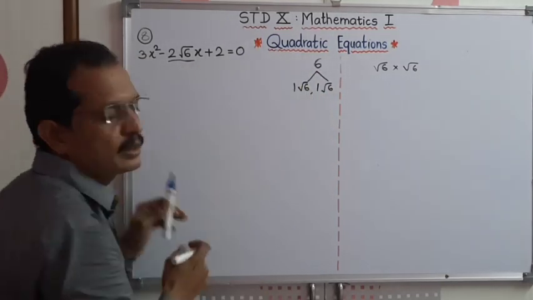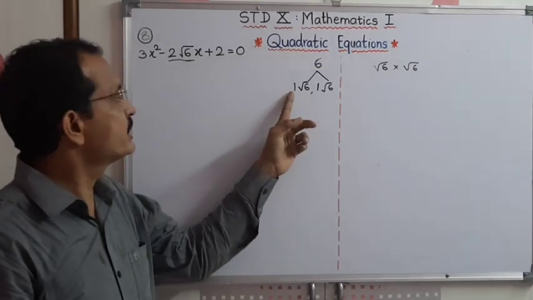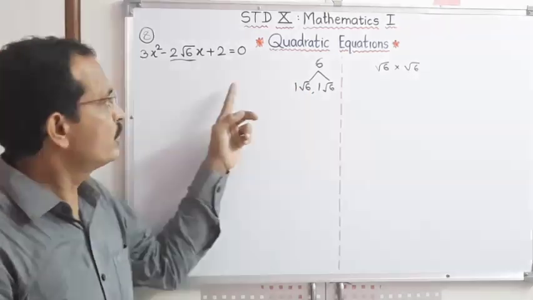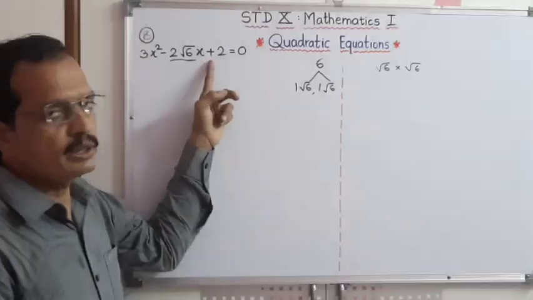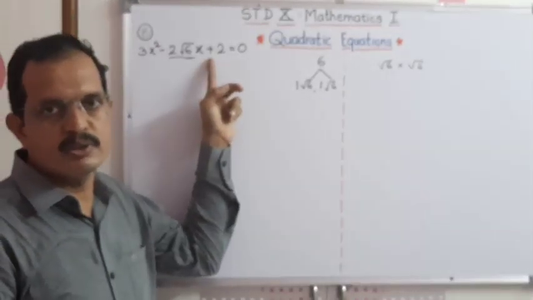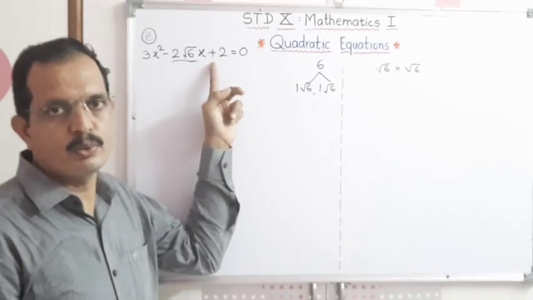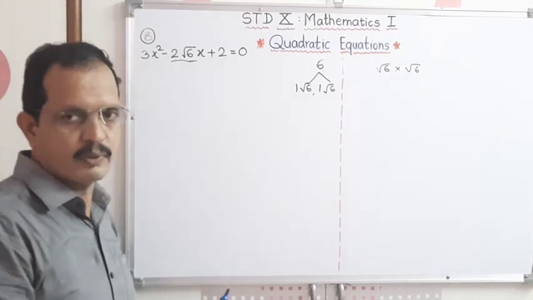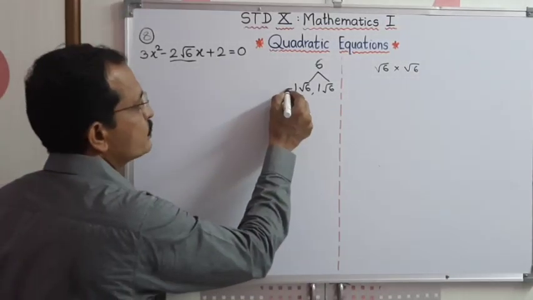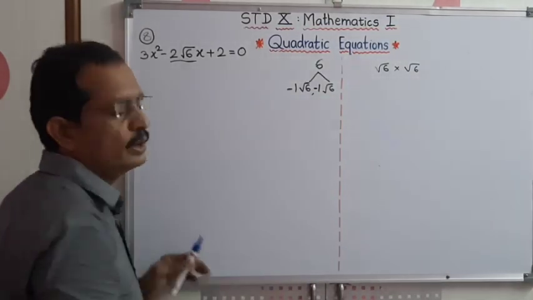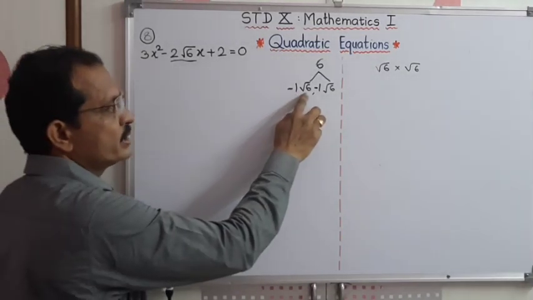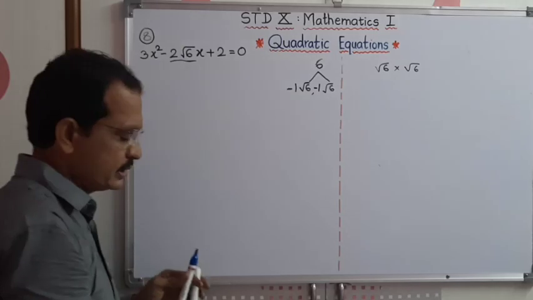Therefore our factors are 1 root 6 and 1 root 6. Afterwards we have to see the sign. Sign of the constant term is positive, therefore we have to give the sign of the middle term to both the factors. Therefore minus 1 root 6 and minus 1 root 6.